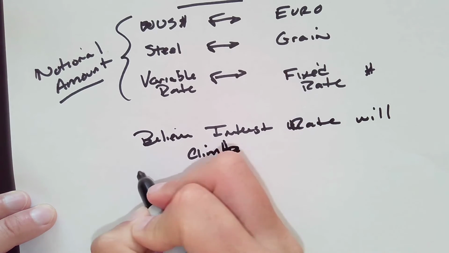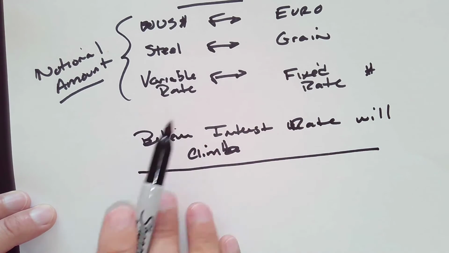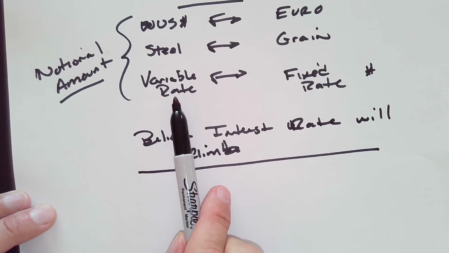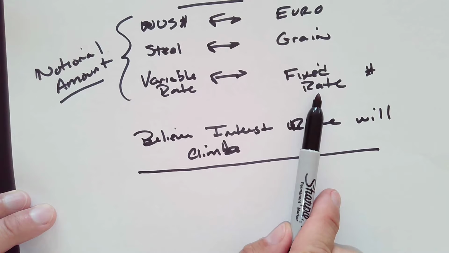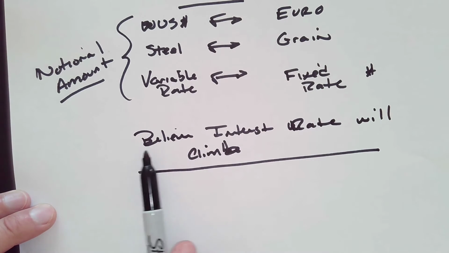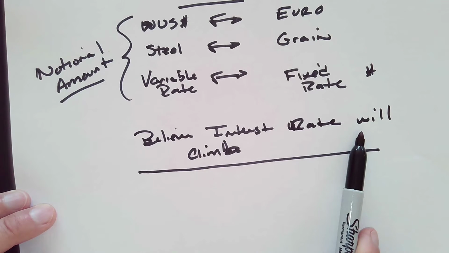And if they have a variable rate loan that they have to pay back to the bank, they want to get a fixed rate, because now they're not going to be rate sensitive if interest rates increase.